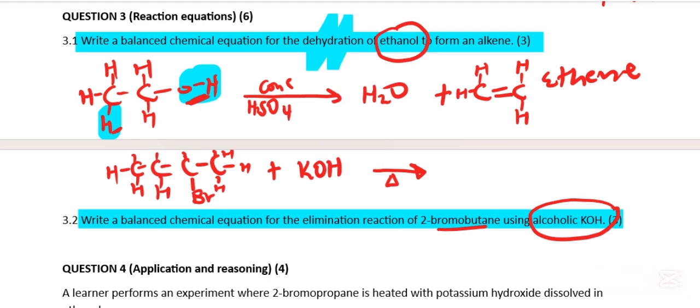Now we are going to remove this bromine.